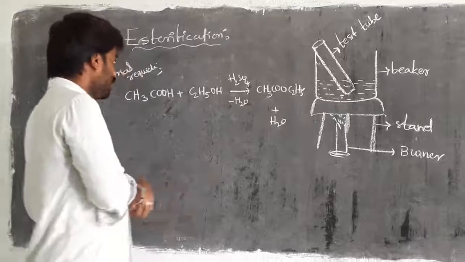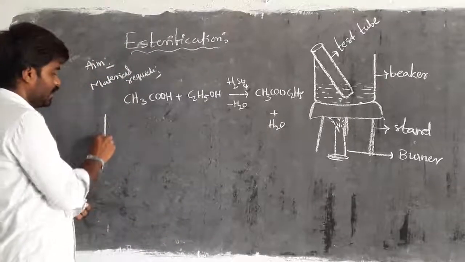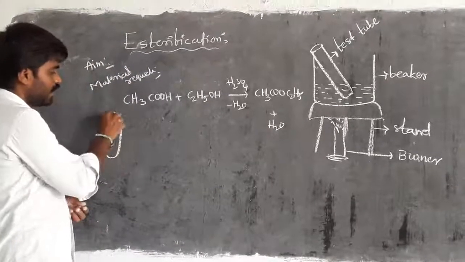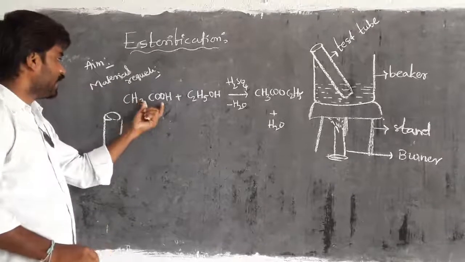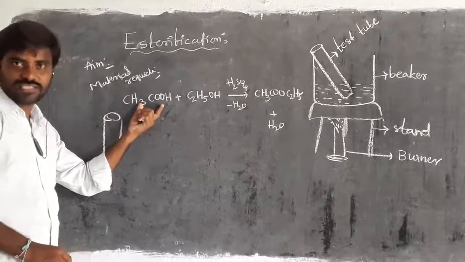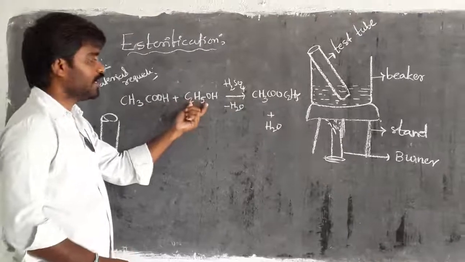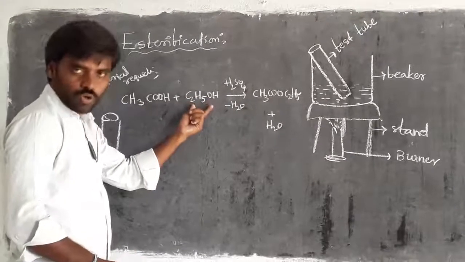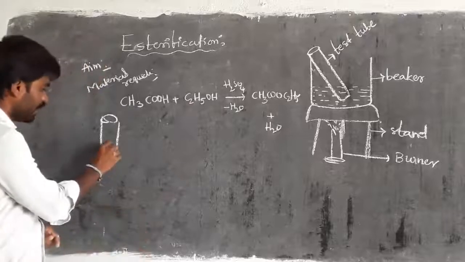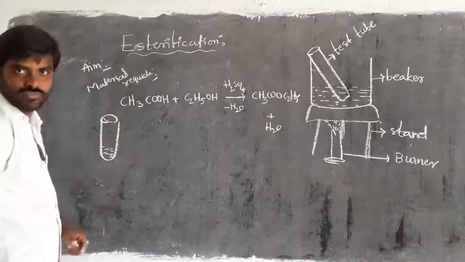First, in a test tube, we have to take 1 ml of acetic acid or ethanoic acid with 1 ml of ethanol, in a particular test tube, right?